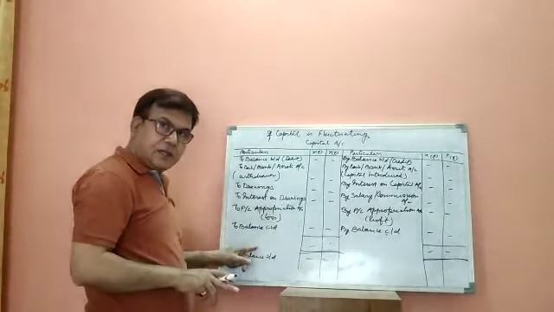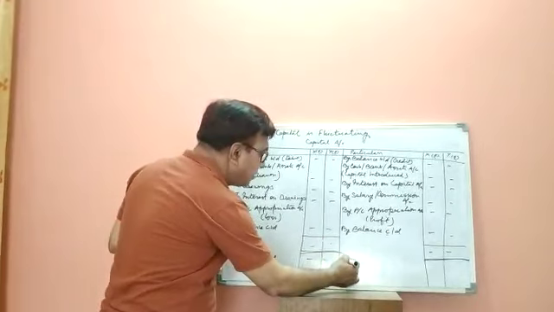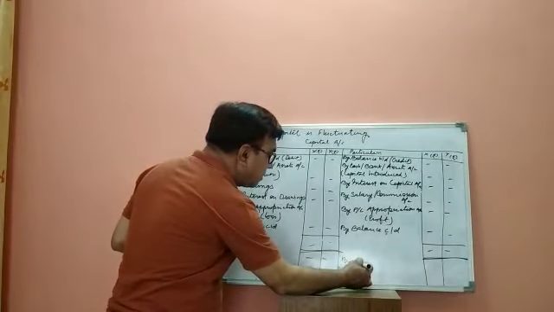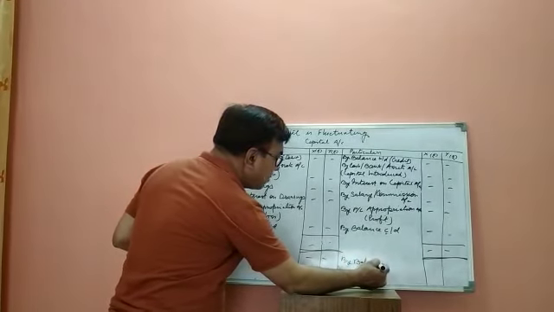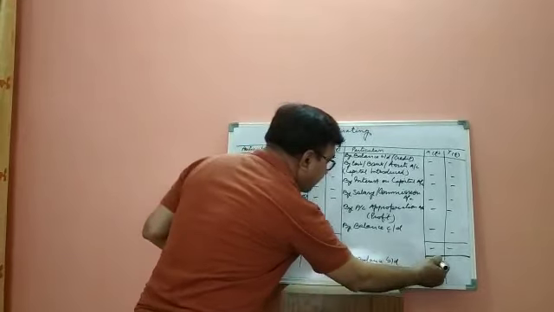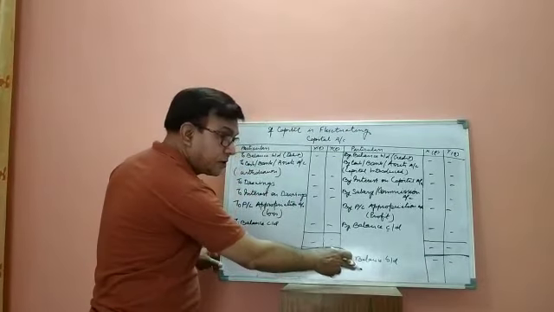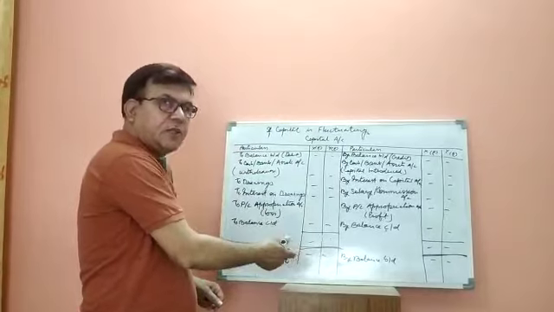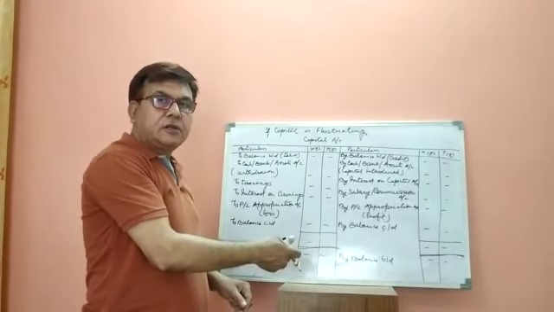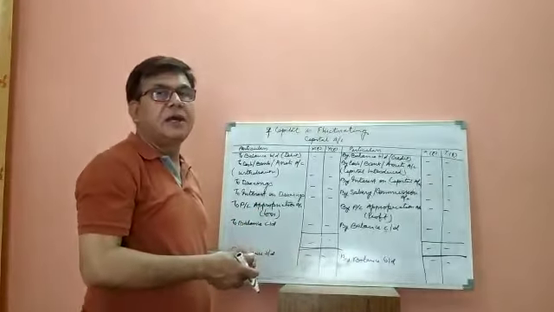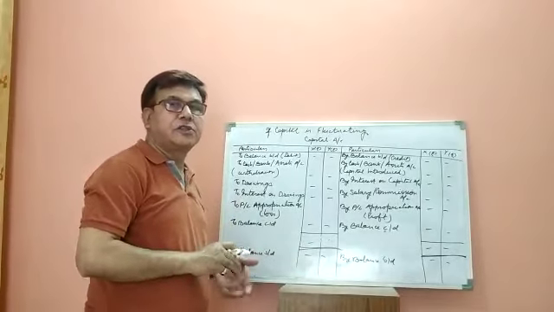For those having balance the other side, by balance brought down, and this is credit balance. Right? It is possible in the fluctuating capital account. Some may be having debit balance, some may be having credit balance. I'm just briefing you once again.